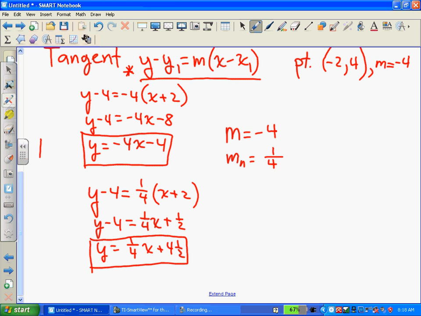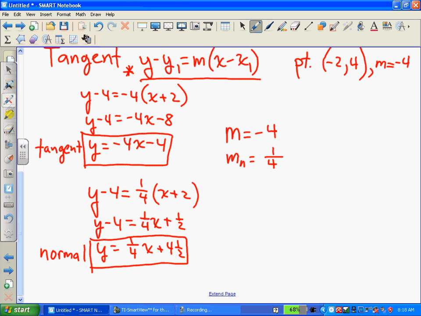Here's the tangent line. Here's the normal. Okay, so now we've got the function, we've got the tangent line, we've got the normal line.